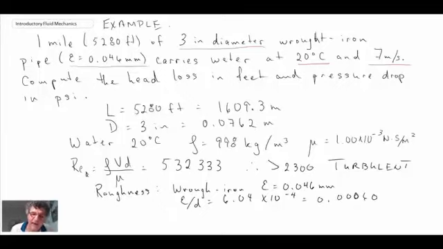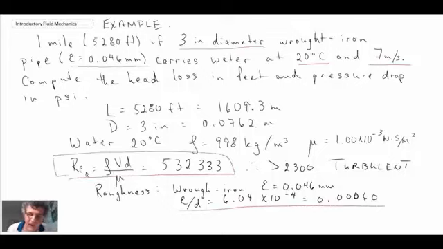So these two values, epsilon over D and the Reynolds number, we'll be using to compute the friction factor for this particular case. To begin with, we're going to go to the Moody diagram and use an epsilon over D of 0.0006 and a Reynolds number based on diameter of 530,000.